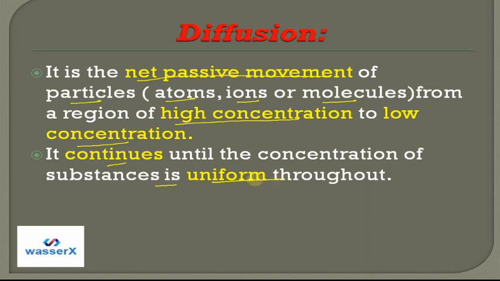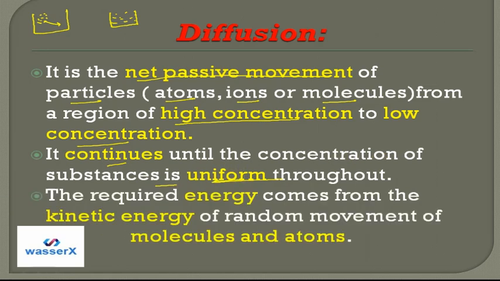We just saw these things in the previous slide where we saw something about concentration gradient, right? The molecules or the particles were in higher concentration here, and in this beaker they were equally distributed. So the molecules will pass from their higher concentration to their lower concentration. It continues till the concentration of substance is uniform throughout.